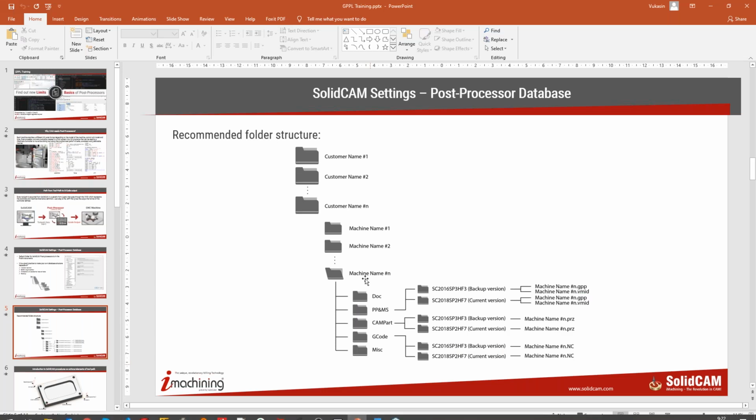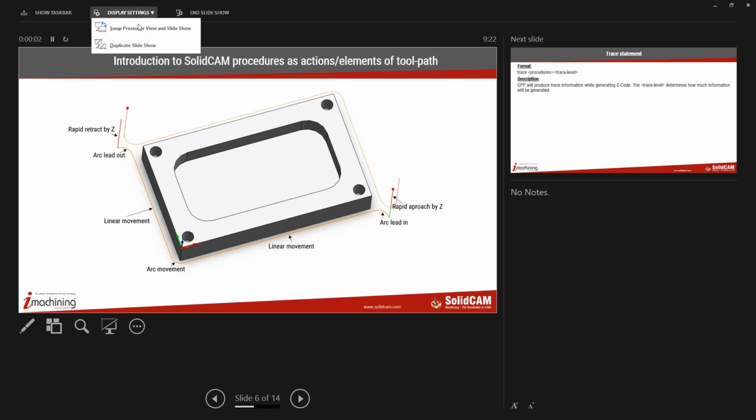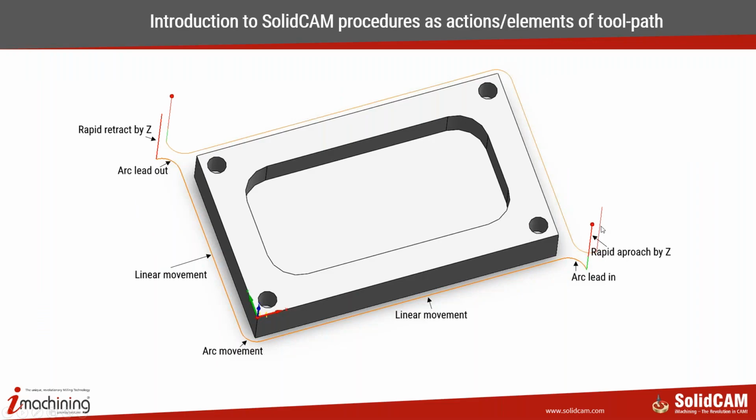Now I will open the presentation again. And if you see these actions, there's the tool starting point. Now before this, there are machine settings and tool change, but we will concentrate on this operation solely.